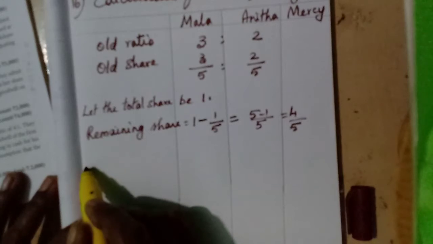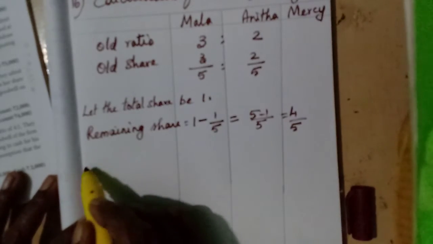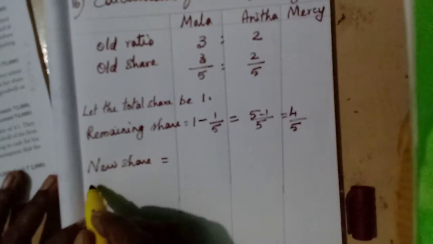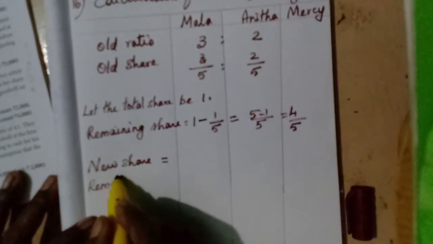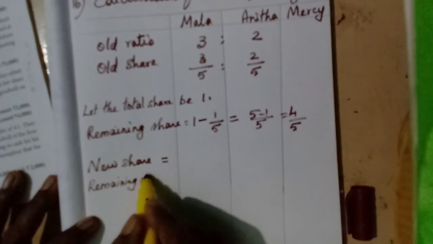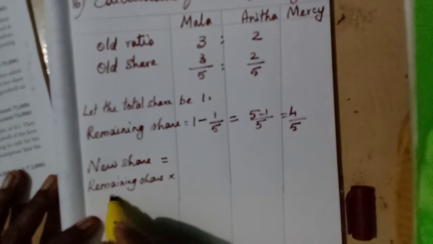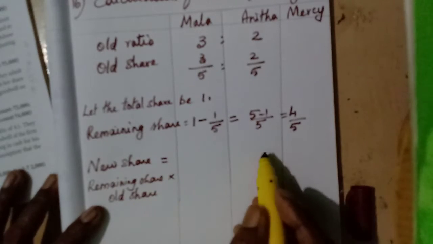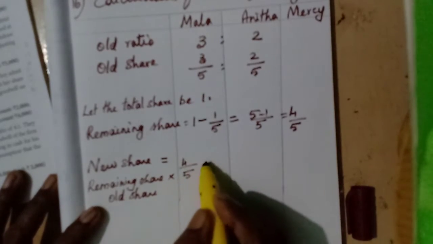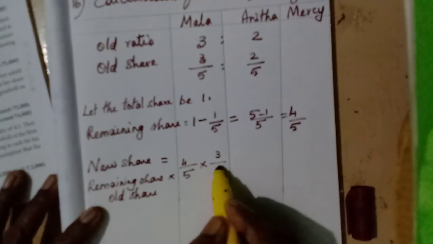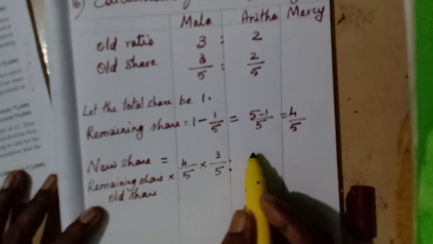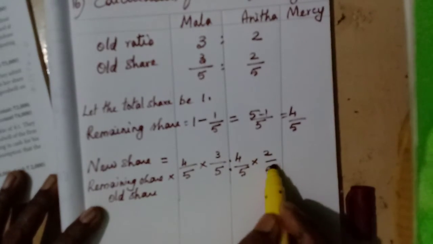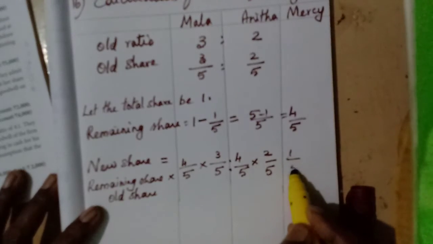Now we need to calculate the new share. New share is equal to remaining share into old share. Okay. Remaining share how much? 4/5 for Mala into old share 3/5, and for the remaining share 4/5 into his share 2/5. Mercy's 1/5.